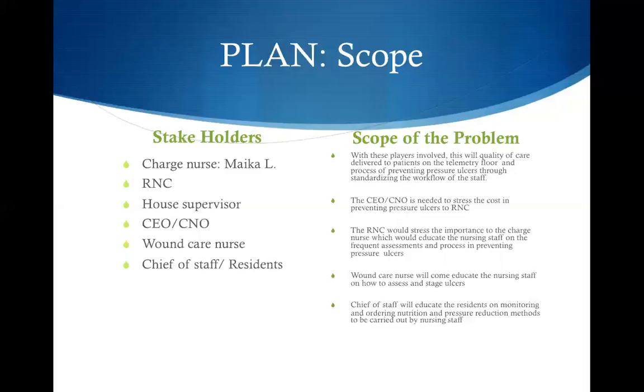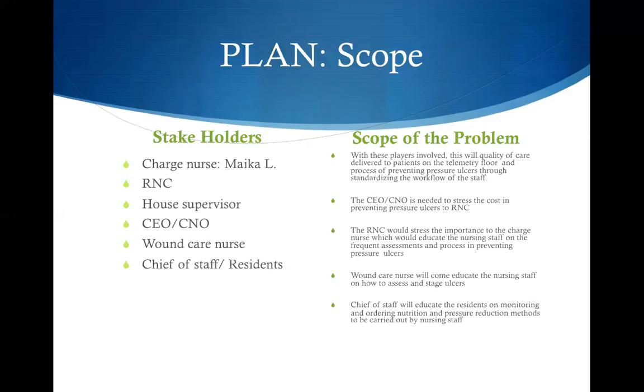So the steps that will involve these stakeholders are that the CEO and the CNO are needed to stress the costs in preventing pressure ulcers to the RNC. And then the RNC would then stress the importance to the charge nurse, which would educate the nursing staff on the frequent assessments and process in preventing pressure ulcers, and the methods and guidelines for the staff.